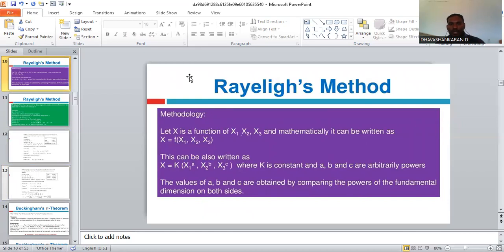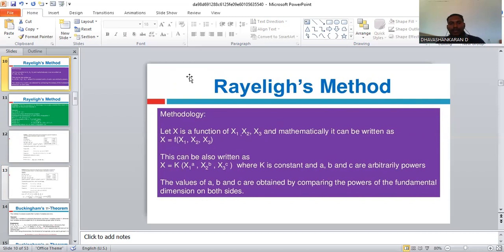Here x1, x2, x3 may be given in a question as variables, such as velocity, acceleration, or any physical, dynamic or kinematic quantity.